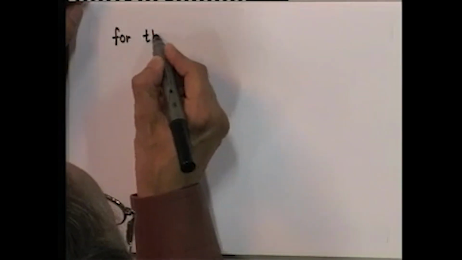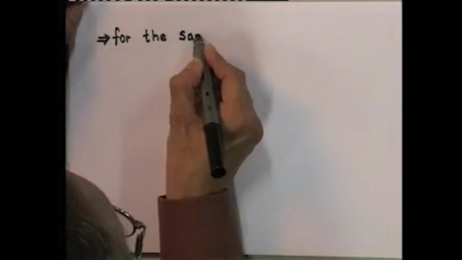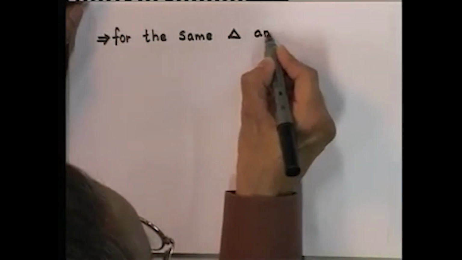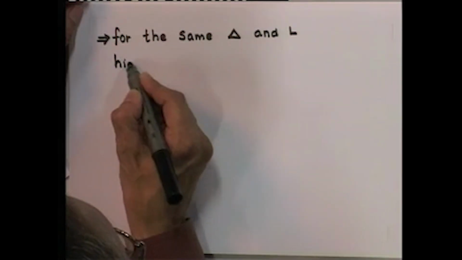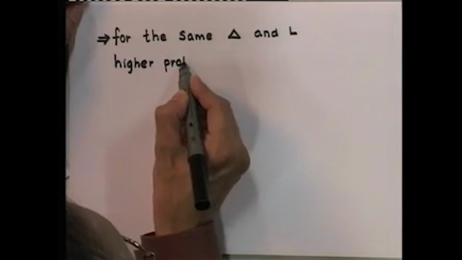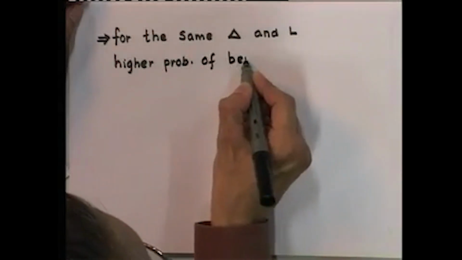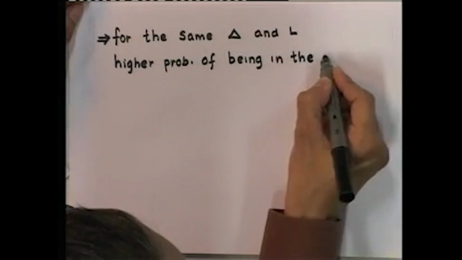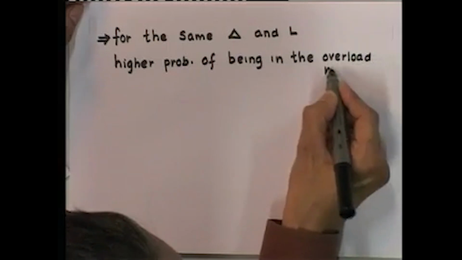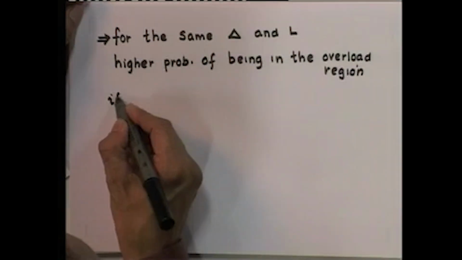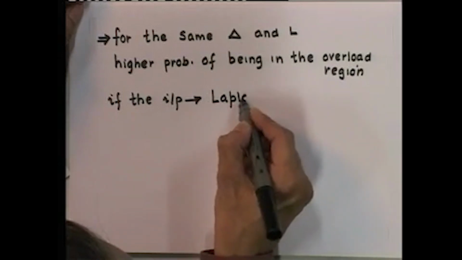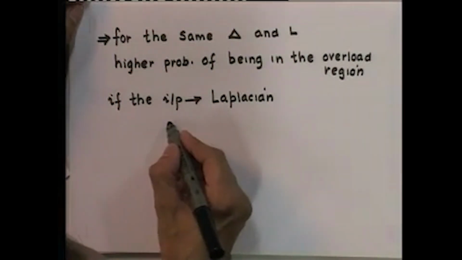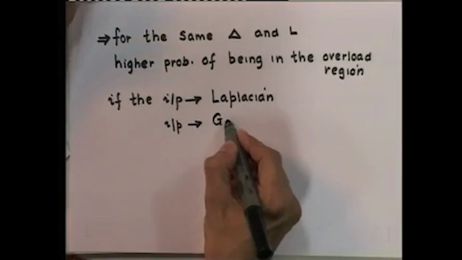So, what this implies is that for the same step size and the number of levels of quantizer, that is L, there is higher probability of being in the overload region if the input has a Laplacian PDF, than if the input has a Gaussian PDF.